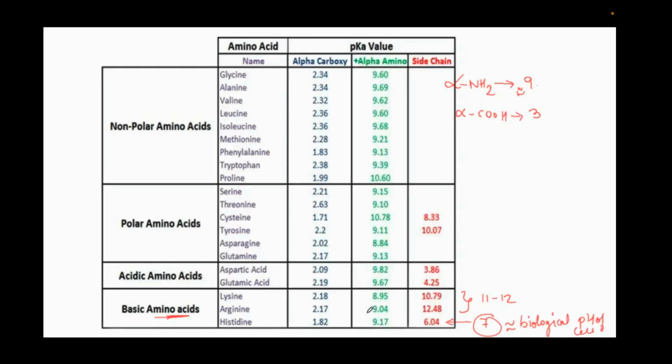So you can remember these pK values this way: the histidine side chain pK will always be closer to 7. Lysine and arginine side chain values will be closer to 11 or 12.